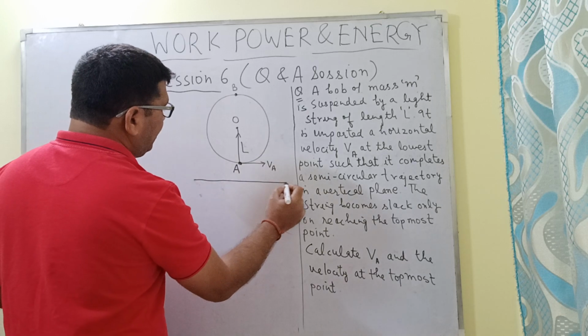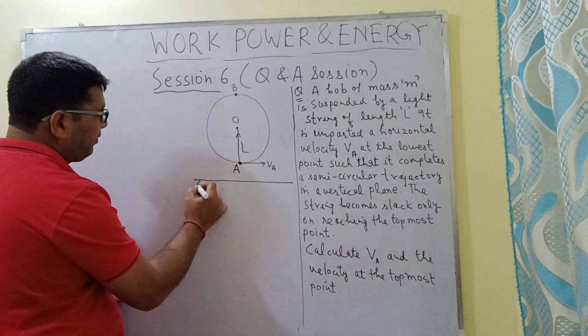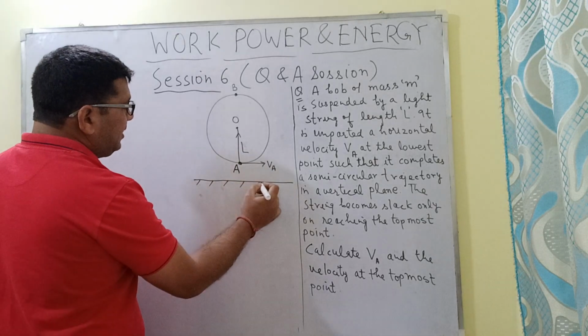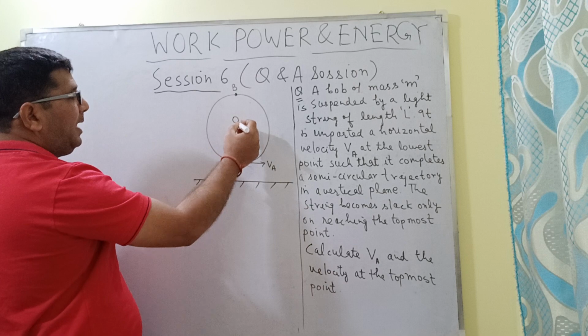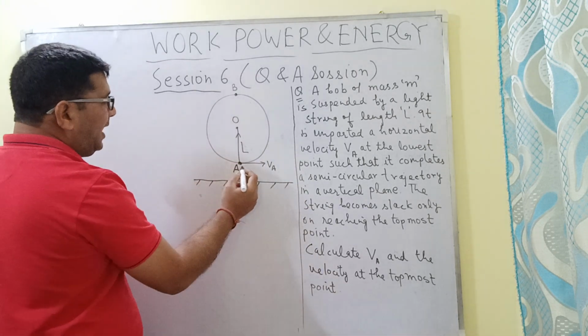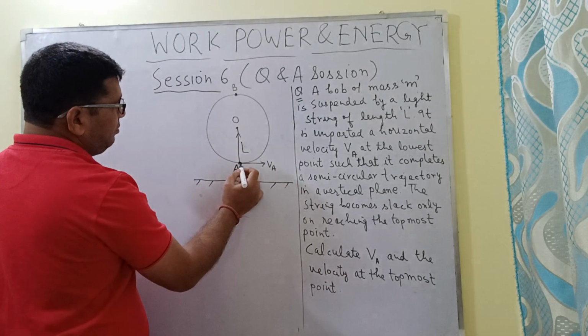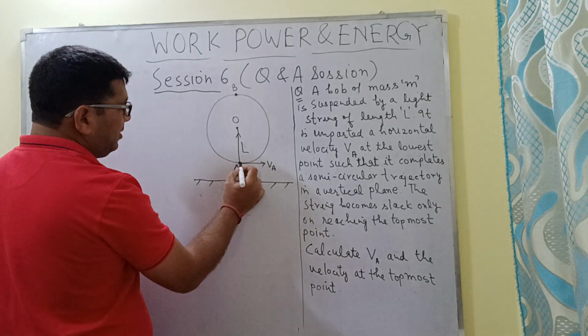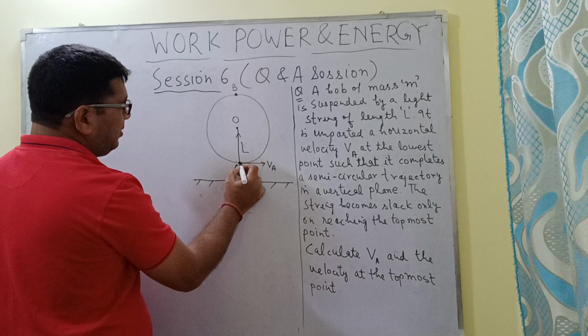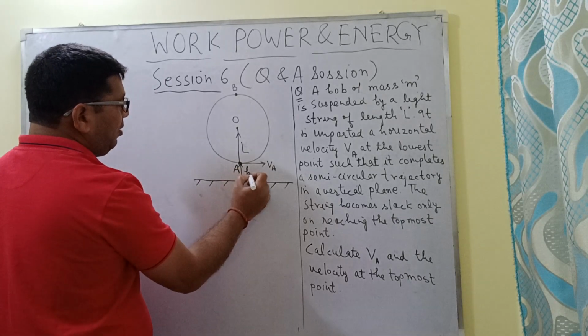question, what I am doing right now, let us consider this is a surface, and this bob is hung at this point O, such that the distance between this point A and the ground, or you can say the surface, let us say this height is h, small h.